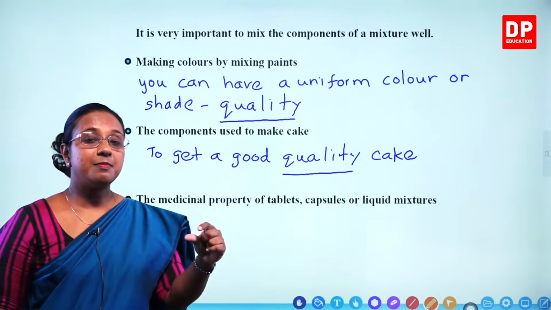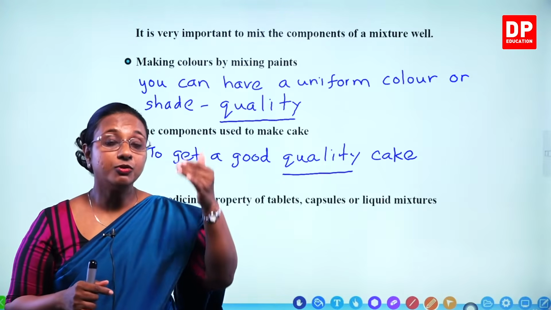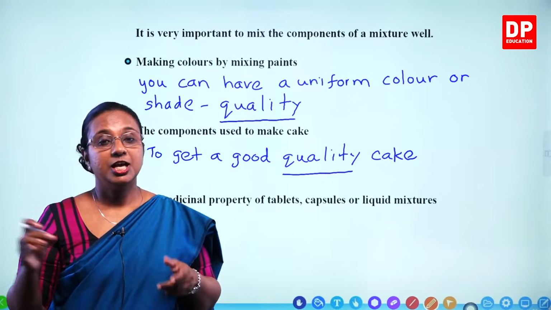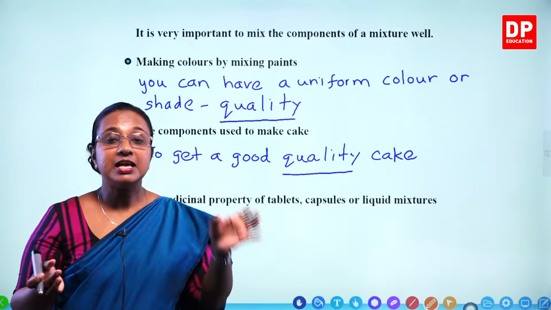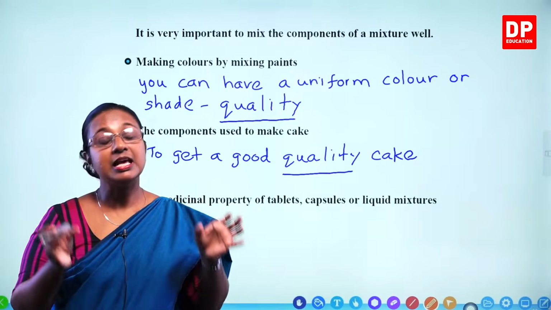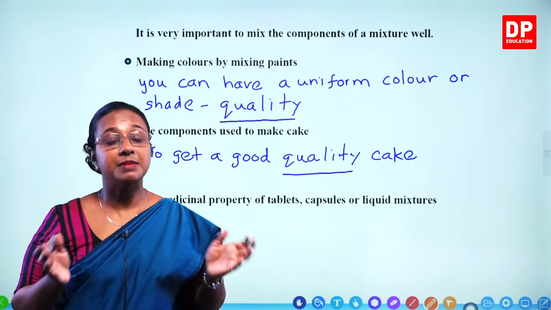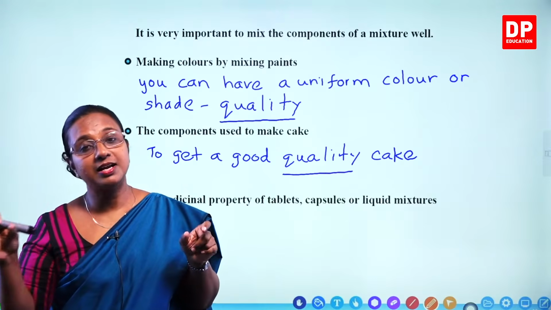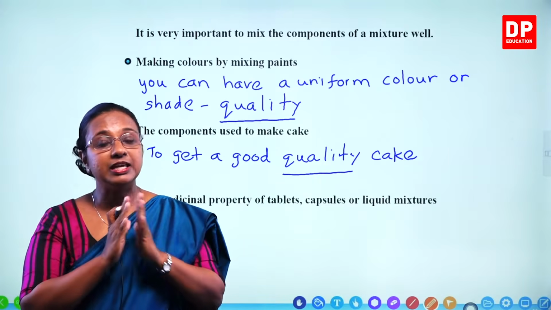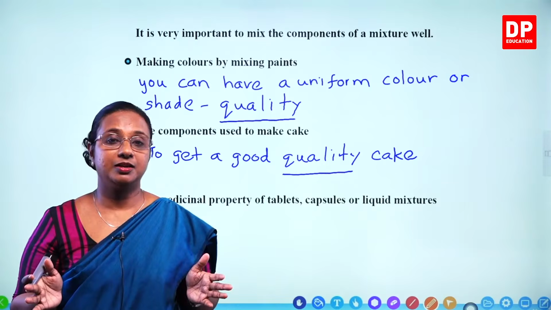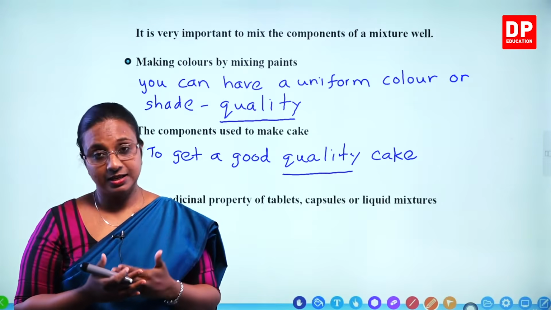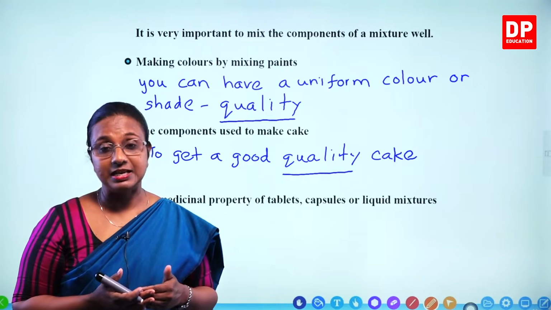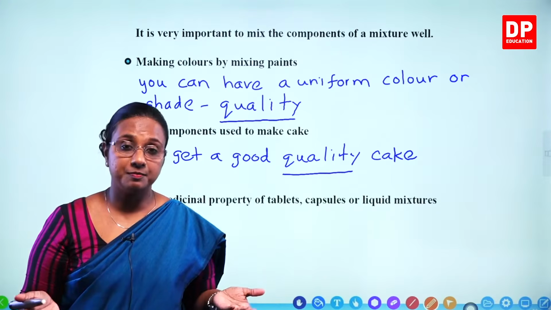If they say this tablet contains this much, the whole tablet has to contain that amount of the medicine. If you break it into 2 pieces, each half should contain the same amount of the medicinal component. One can't have more and the other can't have less. They have to be equal in every aspect. So for that to be obtained, the mixing of the components in the medicines is very, very important.